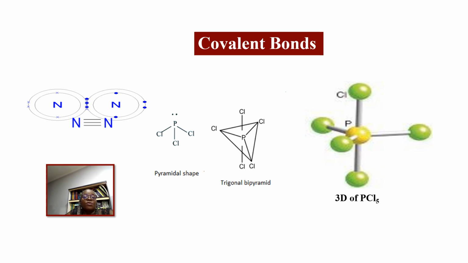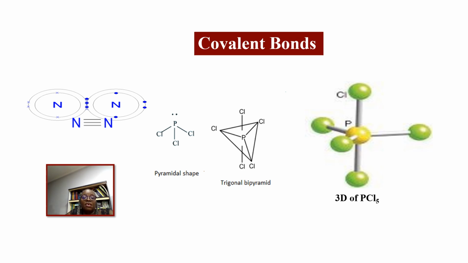In the case of phosphorus, phosphorus can also form covalent bonds as in PCl5 and PCl3. Phosphorus can form such bonds in the arrangement of a pyramidal shape for PCl3 and a trigonal bipyramid for PCl5.